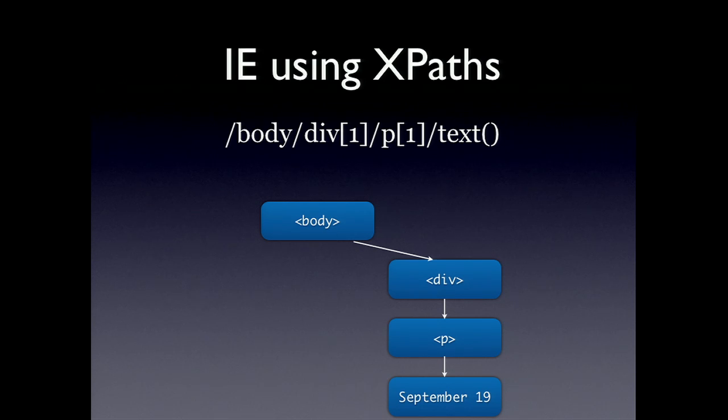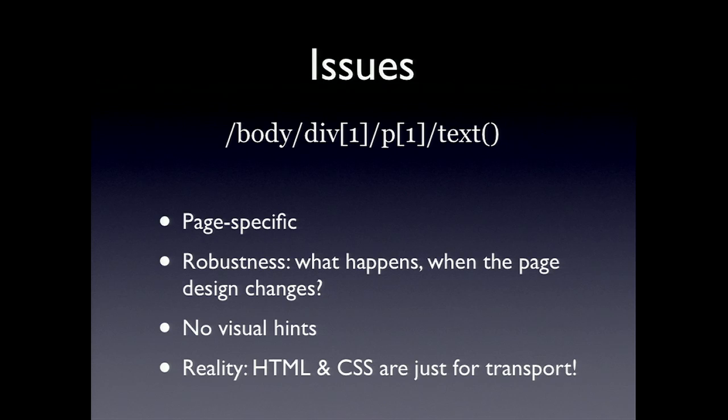And the problem with these paths is they are pretty page specific and they are not robust at all. And what we thought is, why are we still working on this level? What is the correct way to consider visual hints when you look at pages?